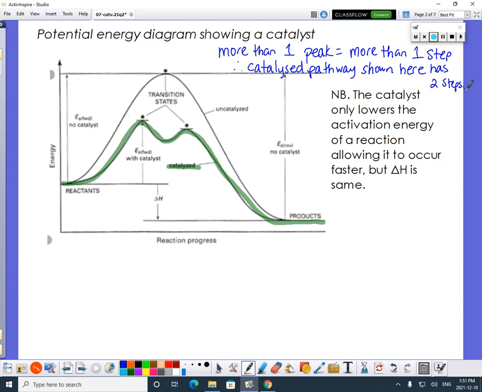It doesn't show the reaction intermediates or anything like that. Again, it just says reactants and products. It really is just a generality, but when you have more than one peak, then that means you have more than one step.